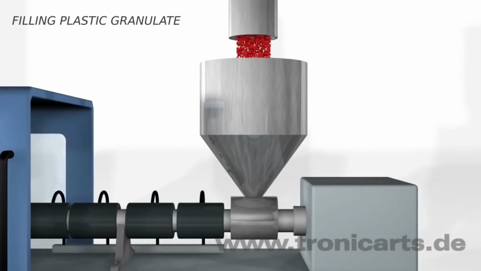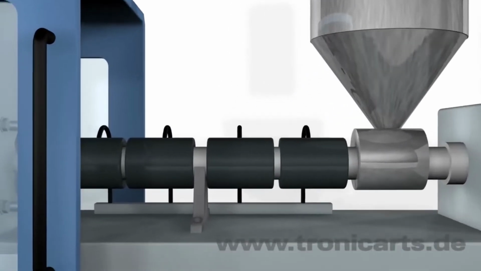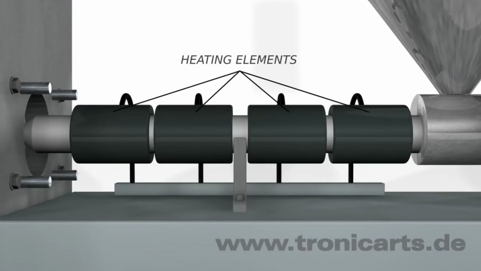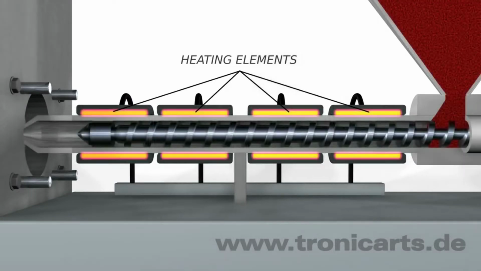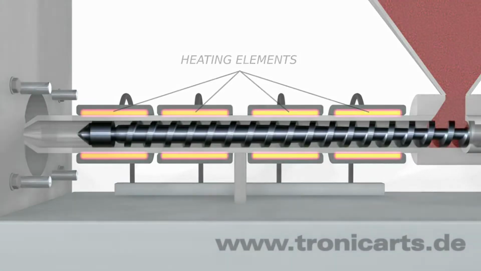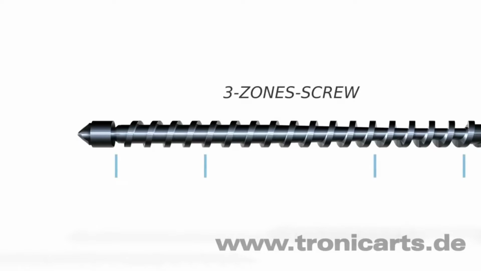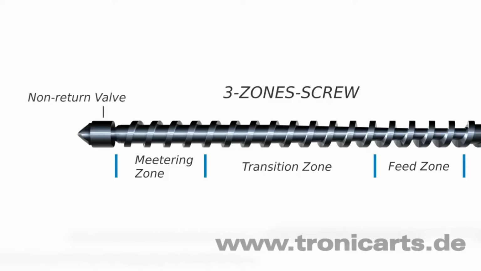the material is fed in the form of granules into the system, and the system consists of heating elements, okay, which are divided into three areas. You have the metering zone, the transition zone, and the feed zone.